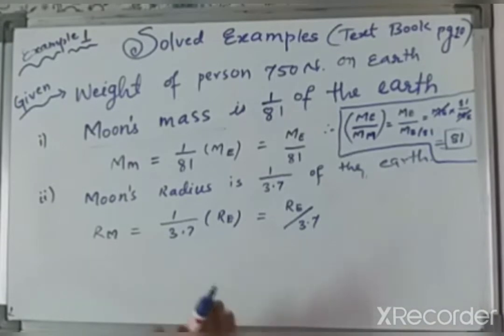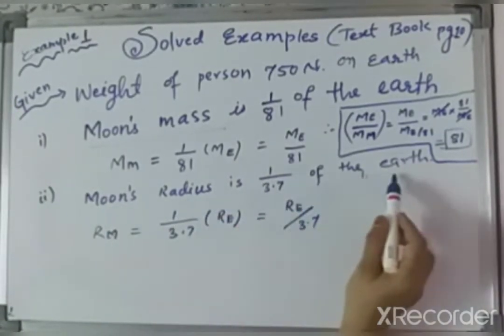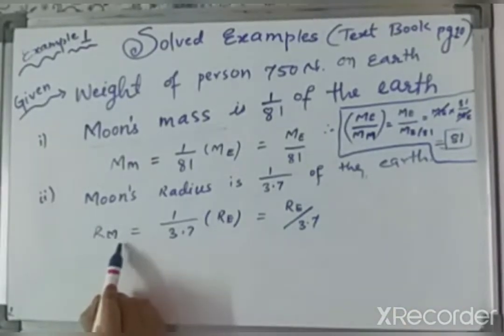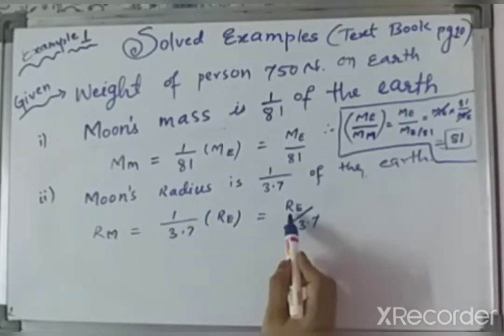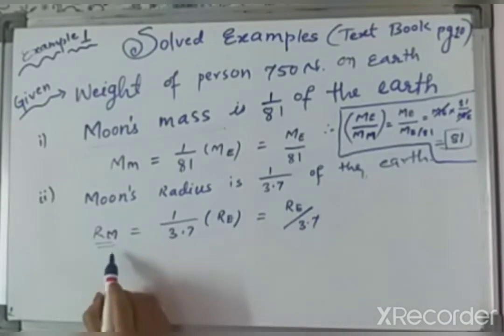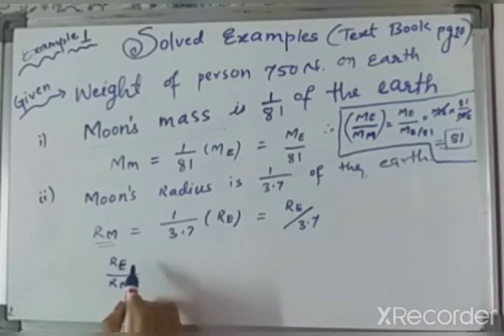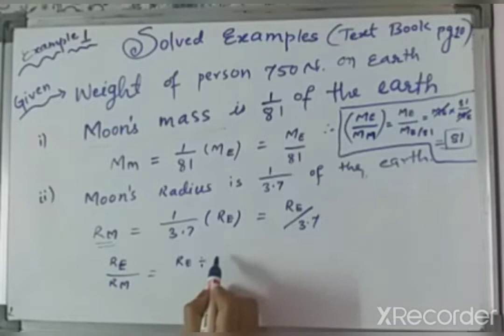Is it clear? The second thing, the moon's radius is 1 upon 3.7 of the earth's radius. So the radius of the moon is radius of earth upon 3.7. Now again we will take the ratio of radius of earth to radius of moon. Radius of earth, RE, divided by radius of moon.